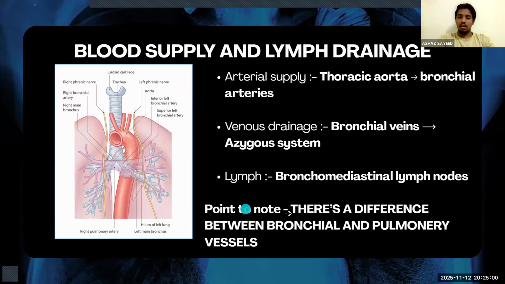All right. Now, there is this important point to note, and I was actually confused about this up until second year. So a whole year of confusion. There is a difference between bronchial and pulmonary vessels. The vessels which enter through the hilum, they don't supply the lung tissue. No. These are purely meant for oxygen exchange, all right?